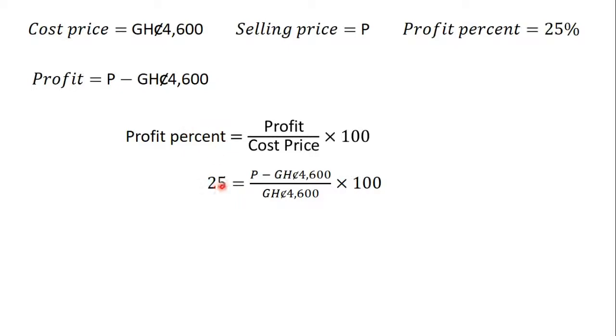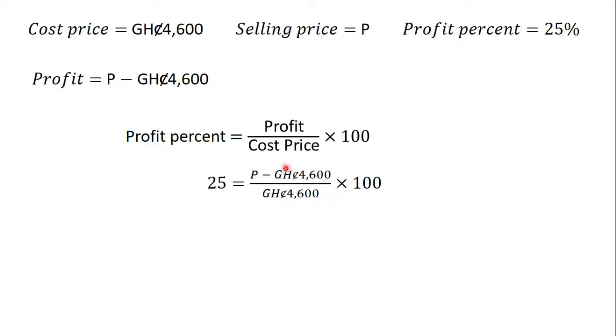So the profit percent is 25. Here we have 25 because of the 100 here. This 100 shows that 25 is a percentage. So 25 is equal to profit, which is P minus 4,600 Ghana cedis, divided by the cost price, which is 4,600 Ghana cedis, times 100.